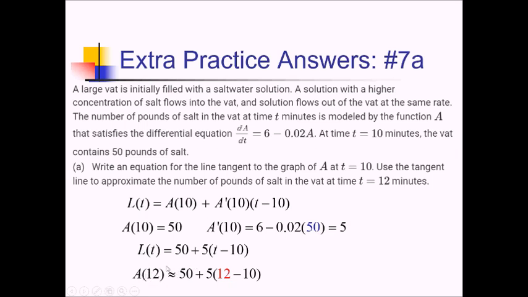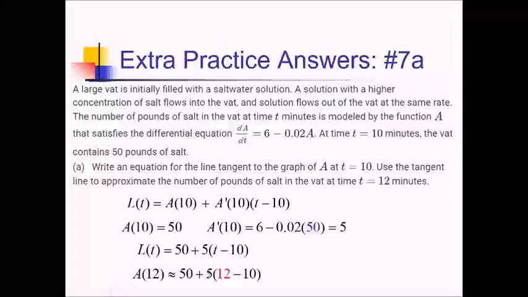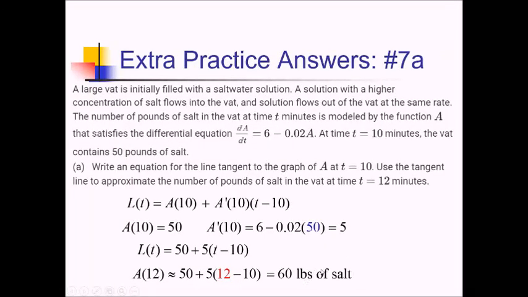It's not equal to, it's approximately, because this is a tangent line approximation. Need to write the approximately equals to get full credit on this. You could actually just stick units on this, which is pounds, and call it a day, since this is all constants. But if you want to simplify it, 12 minus 10 is 2, times 5 is 10. 50 plus 10 gives us 60 pounds of salt. It's a whole lot of salt.